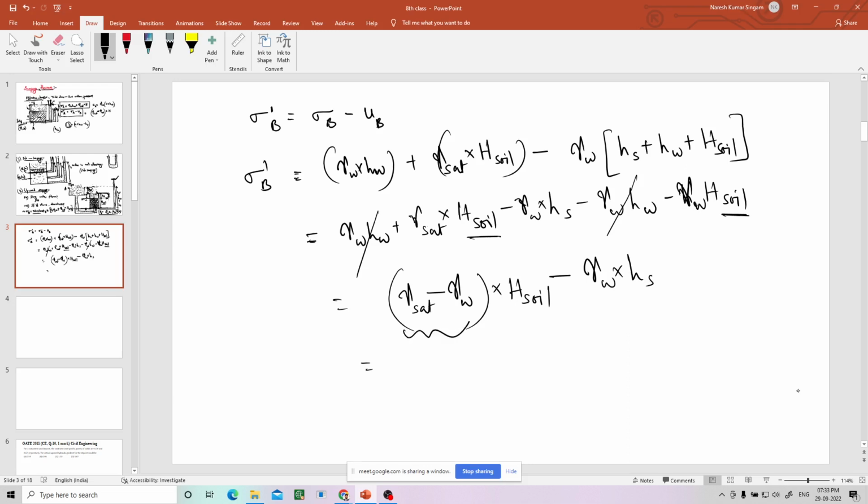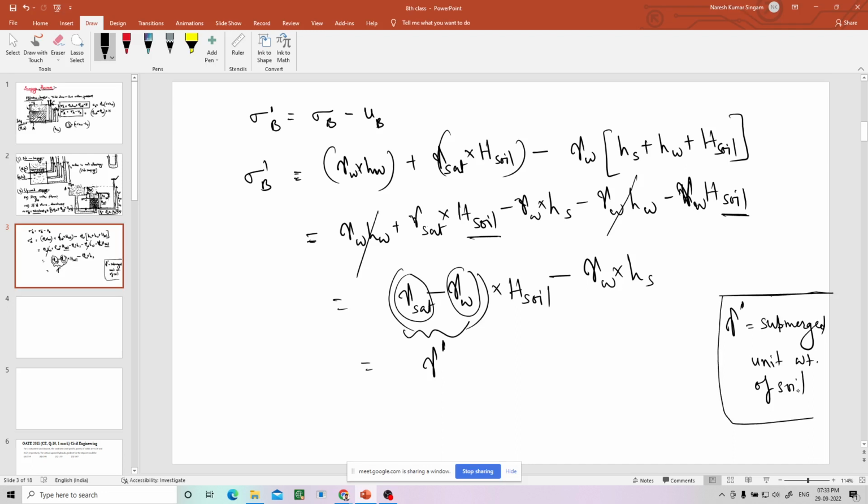The saturated unit weight of the soil minus the water unit weight will give you the submerged unit weight, gamma dash. So the effective stress is gamma dash into H soil minus gamma W into HS.